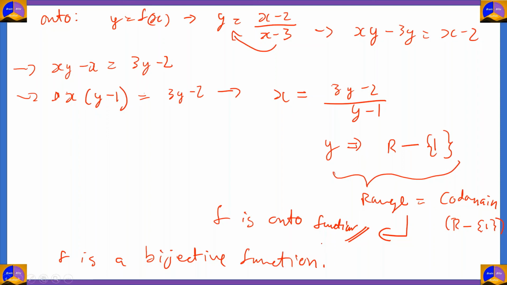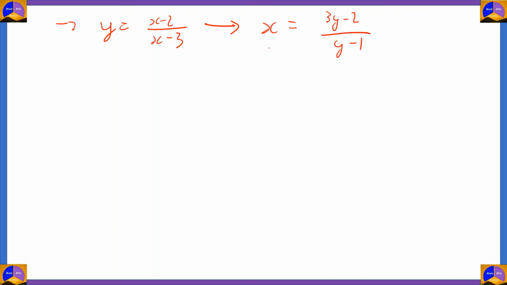Now, since f is a bijective function, we need to find f inverse of x. Now we know that when we took y equal to x minus 2 by x minus 3, we got the relation x equal to 3y minus 2 by y minus 1.